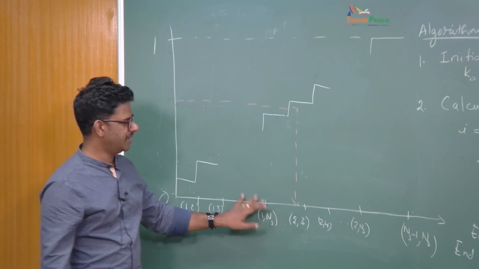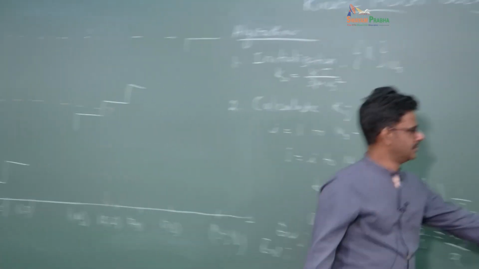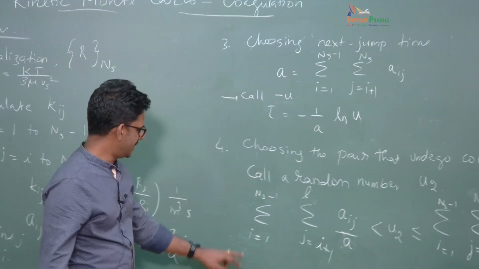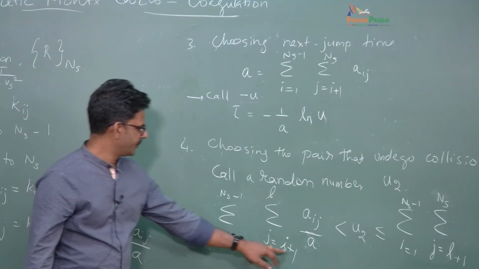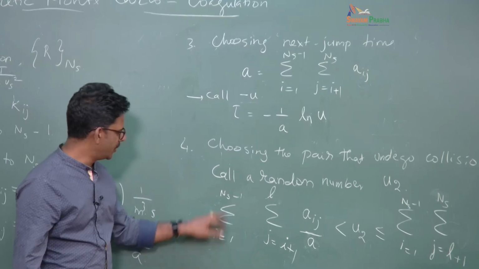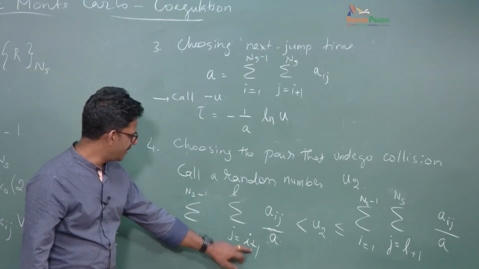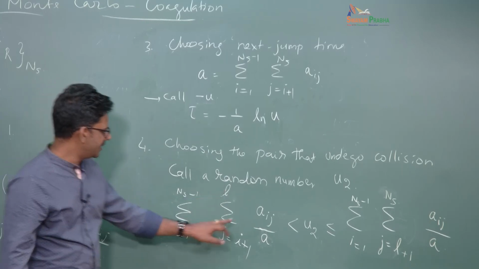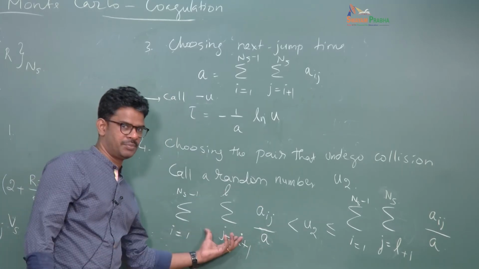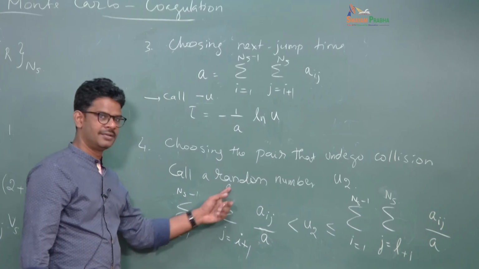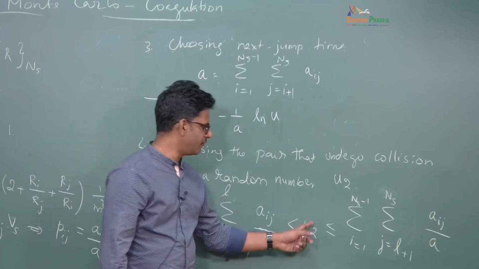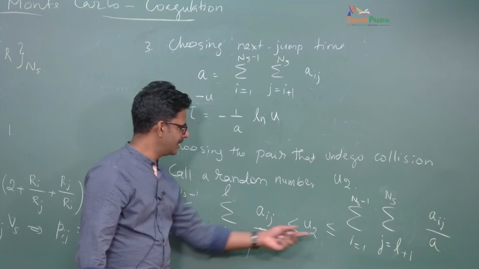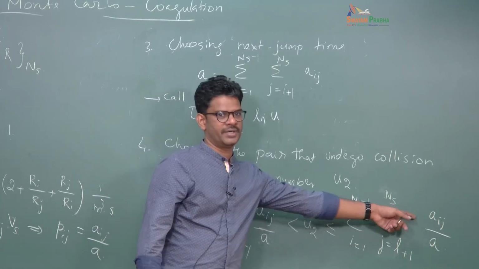Okay, and this statement is what I have written here in mathematical terms, that I am summing over all the pairs from i equal to 1 to ns minus 1, j going from i plus 1 to some intermediate L, such that the cumulative distribution up to that pair iL, and the random number falls between that pair iL and i, L plus 1, the other ones.